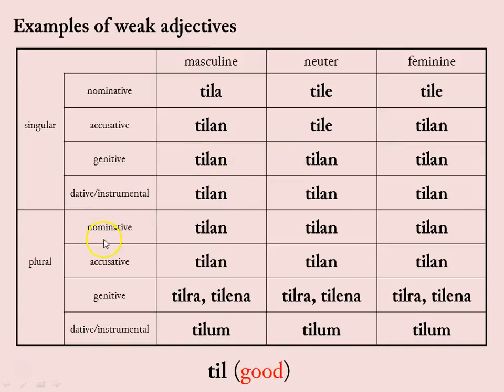In the plural, for nominative and accusative, it is tilan for all genders. In the plural genitive, for all genders, it is tilra or tilena. And the dative instrumental for all genders is tilum.